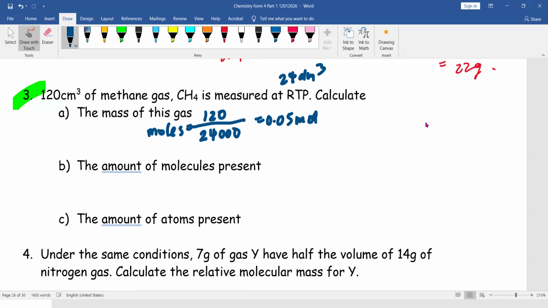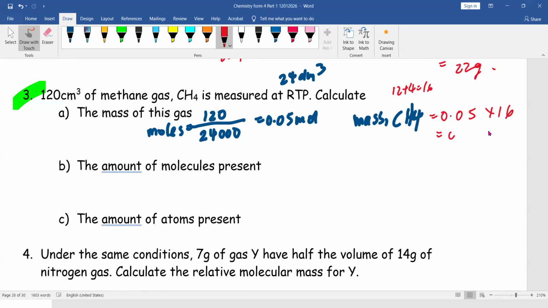But they're asking you mass. So mass of methane, CH4. CH4 is 12 plus 4 equals 16, right? So take 0.05, multiply 16, you get 0.8, correct?